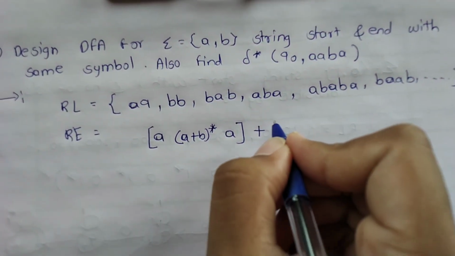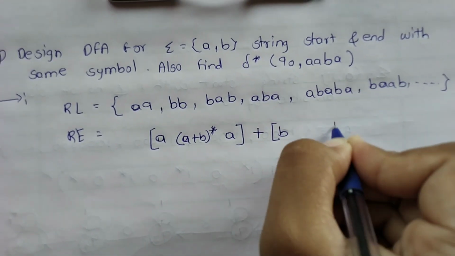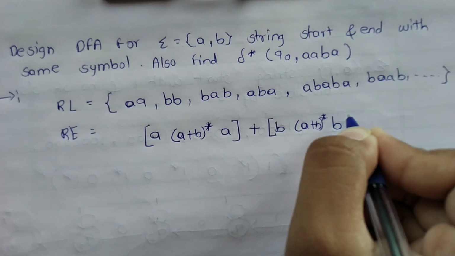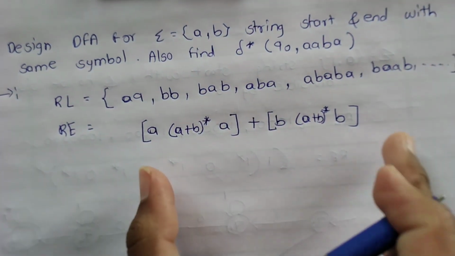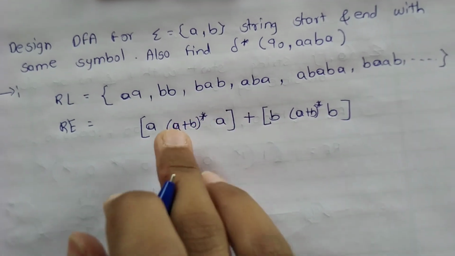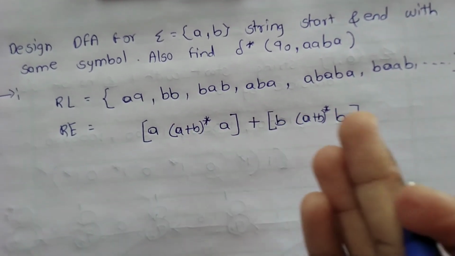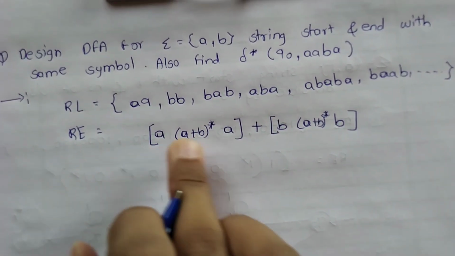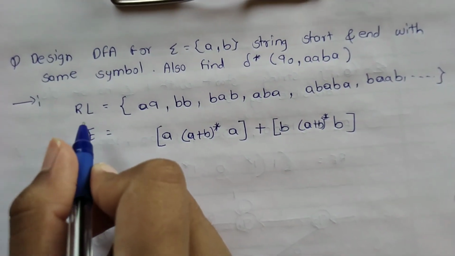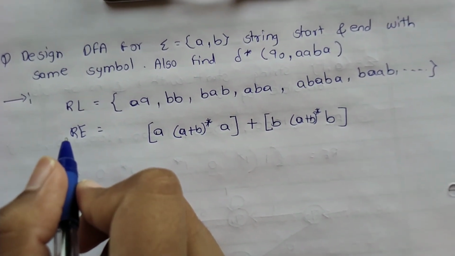Or start with b, end with b, and in the middle a plus b star. These are the possibilities. No other possibilities can come in front of a or after the a, because the string starts with a and ends with a. This is the meaning. So this is the regular expression.